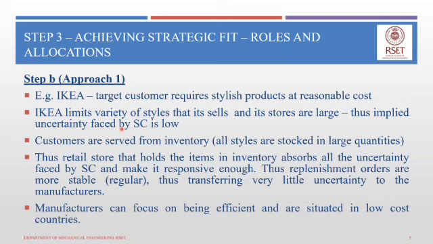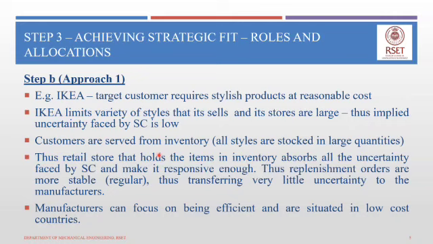The Ikea stores, if you have seen them, are very large in terms of their physical size. They hold large amounts of inventories of all varieties. That is how they ensure the required level of responsiveness. Since they are a company that faces low levels of uncertainty, the supply chain strategy has to be tailored to be more efficient.